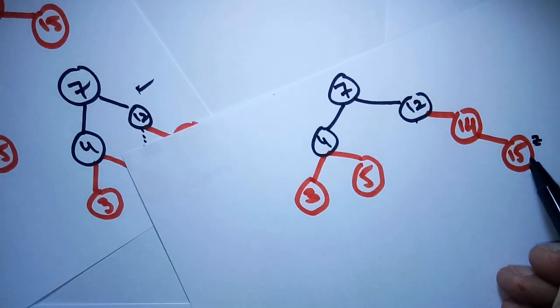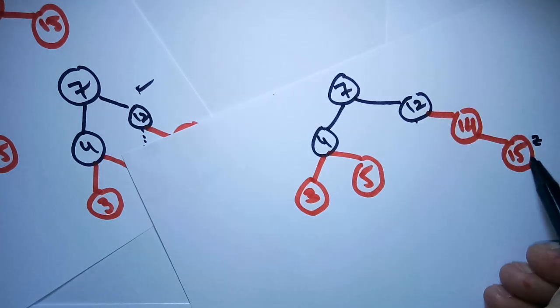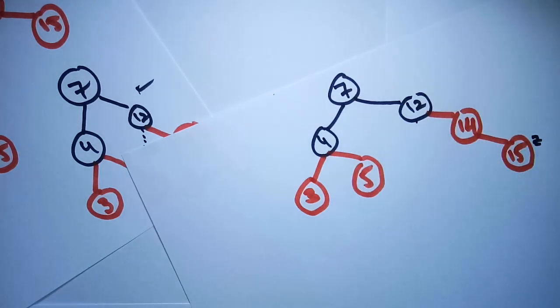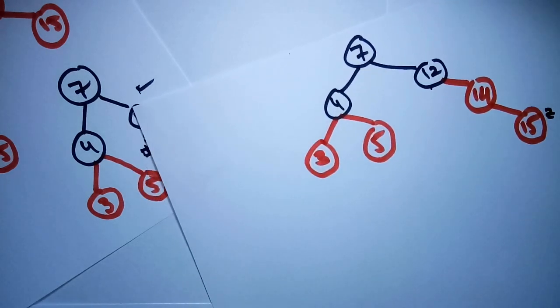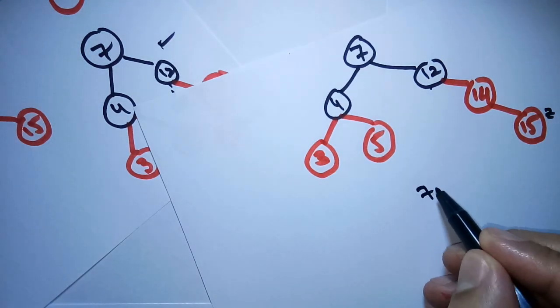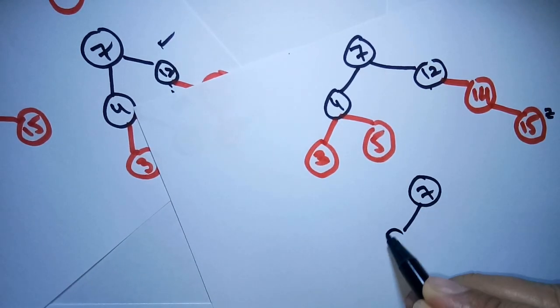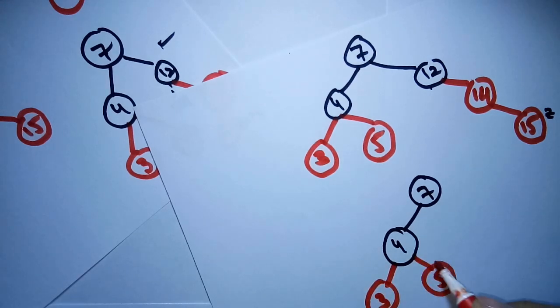Rule number 4 says rotate the grandparent. Who is the grandparent of 15? That is 12. So rotate 12 in the opposite direction, and also change the color of parent and grandparent. So 7 is fine, 4 is fine, and 4's children, that is 3 and 5, they are fine.